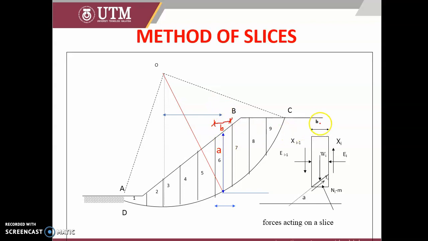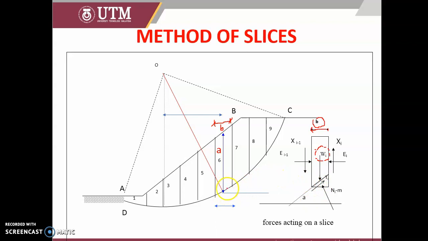So this is b, the width. Let me put it outside here. We know that for one element from the slice, it still has a weight, so weight of the i-th slice. And here there are forces and reaction forces from the first side to the second side.